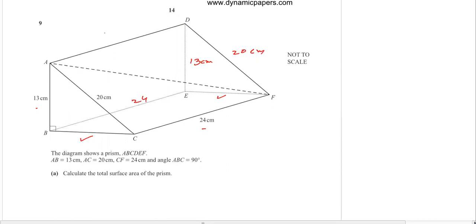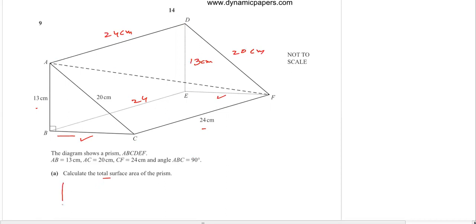This is also equal to the length, so this is also 24 centimeters. The main thing is to find this one, and then we will go for the total surface area, because total surface area needs the area of all sides, including the base also.